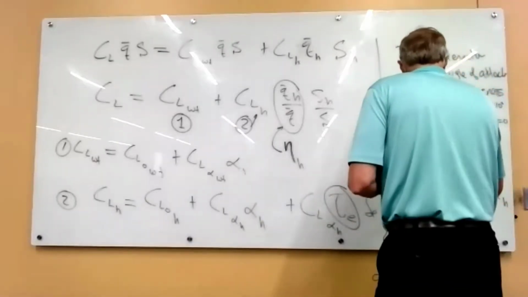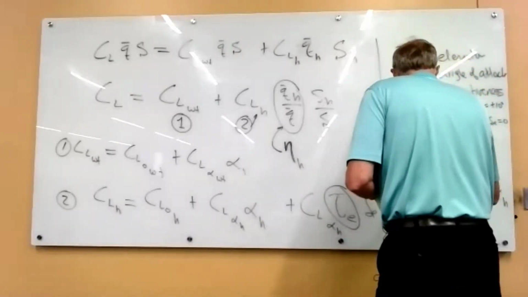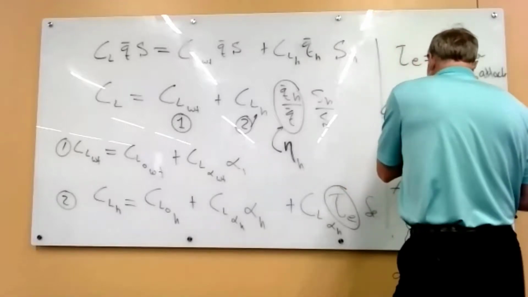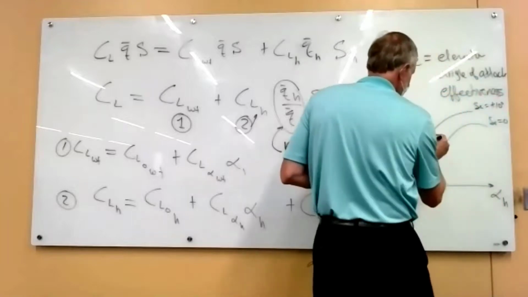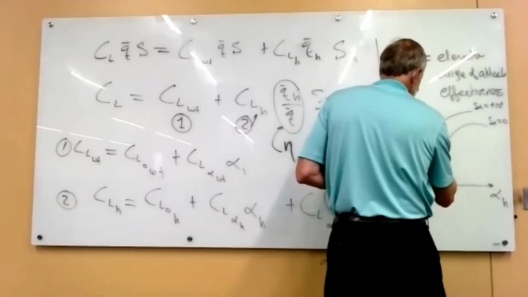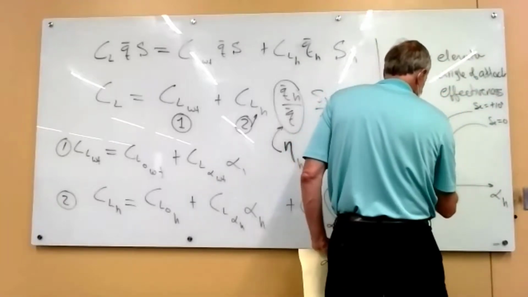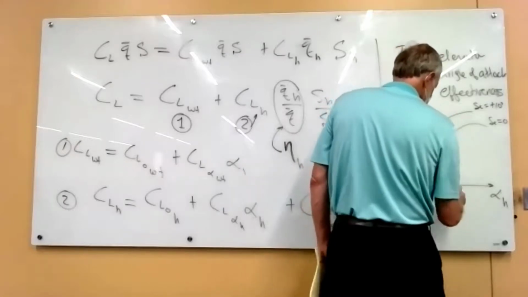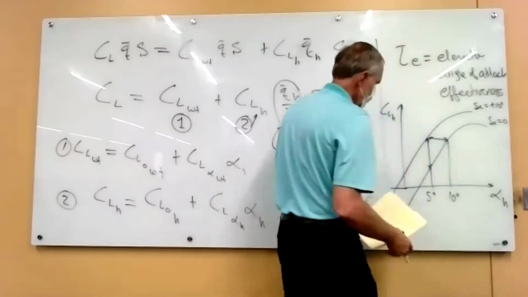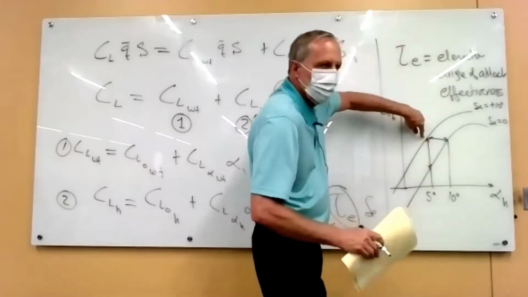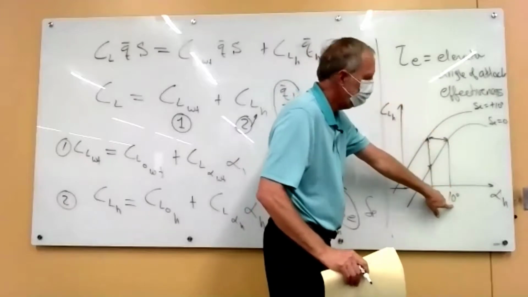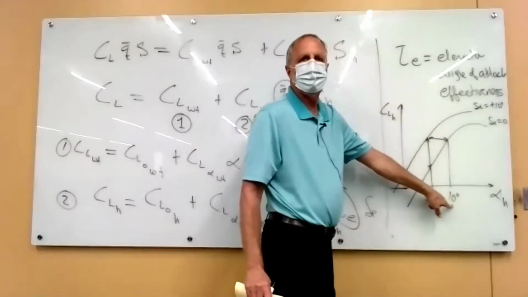And if we look at the increase here, it gives us the equivalent increase in lift as if we were at a different angle of attack. So here, let's say this is 5 degrees. And if we see the lift jump up due to the elevator and we go across, it's like we had no elevator, but we were at an angle of attack of 10 degrees.